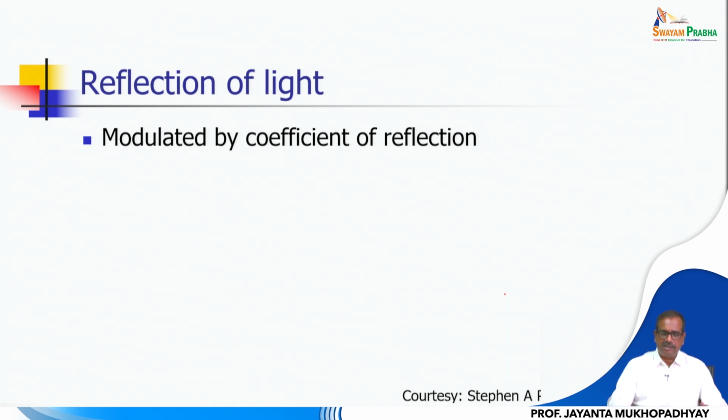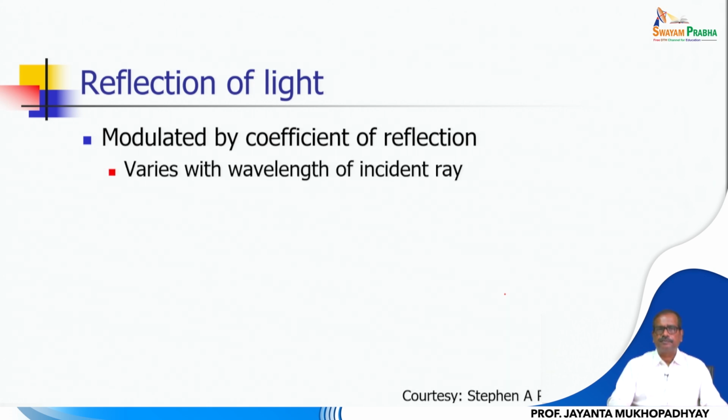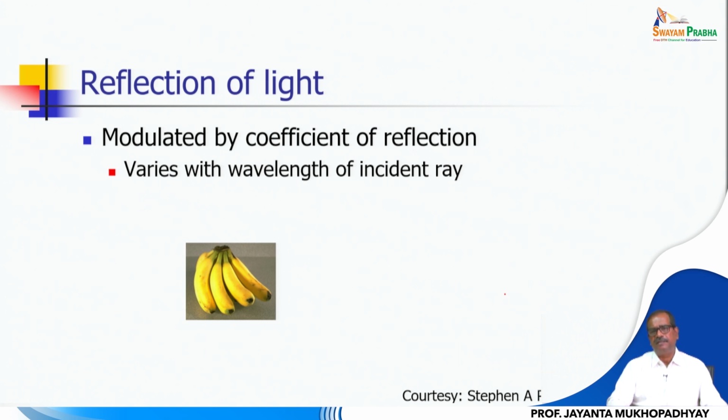Also, the coefficient of reflection is a function of wavelength. Just as a light source has a spectral profile, similarly every surface has a certain spectral profile, which we call the reflectance profile, over varying wavelengths.